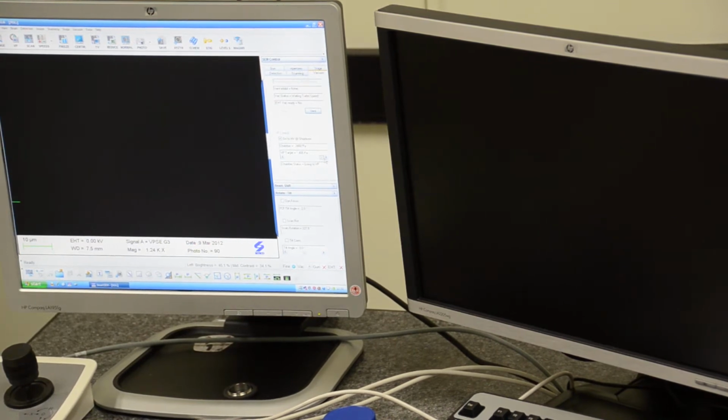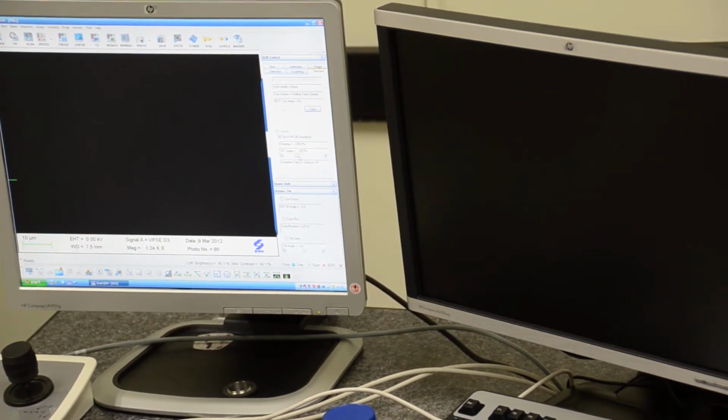So you can go to 400 Pascal for this system, variable pressure mode.